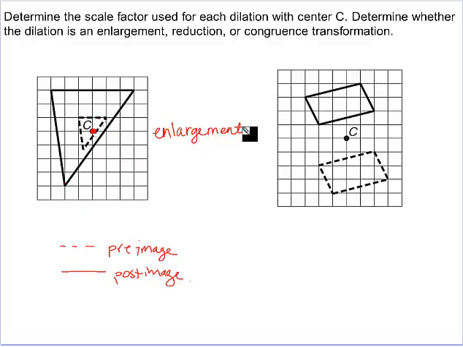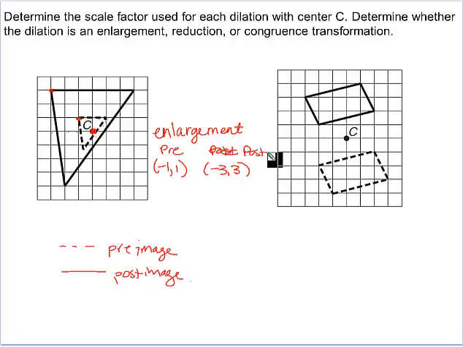And now to determine the scale factor, there are a few different ways in which we can do this. We can find a couple of points with respect to C. So here, notice that these two corners are on the same point. The pre-image would be -1, up 1. Our post-image going to that same spot would be -1, 2, 3, up 1, 2, 3, so -3, up 3.